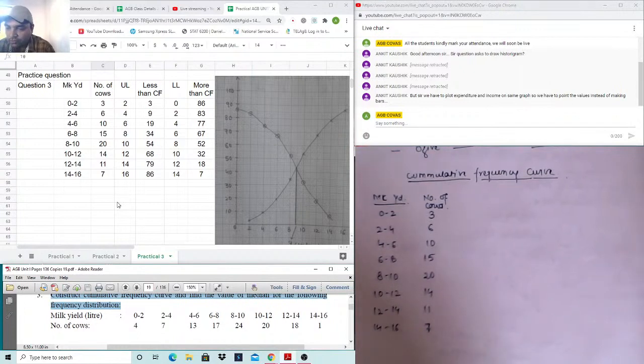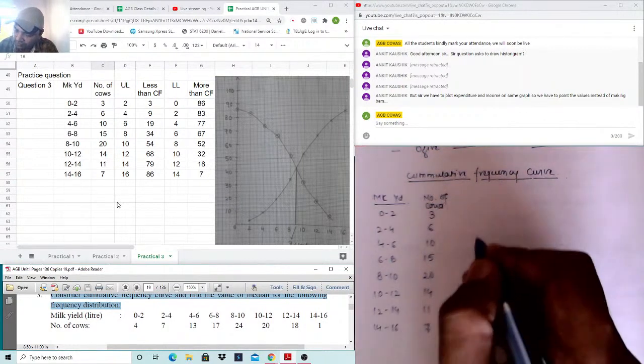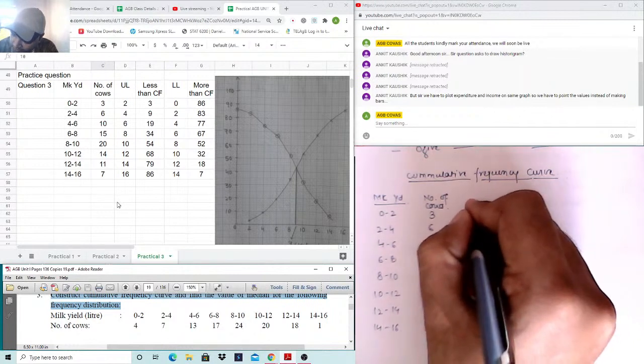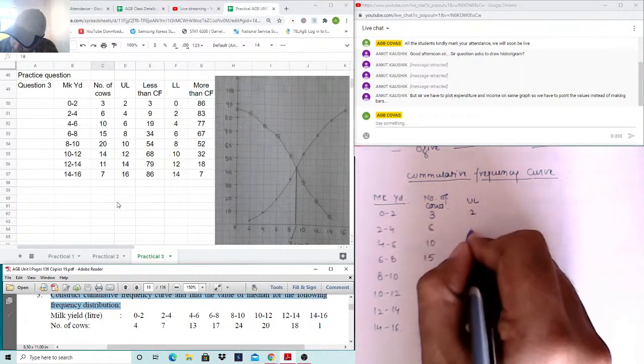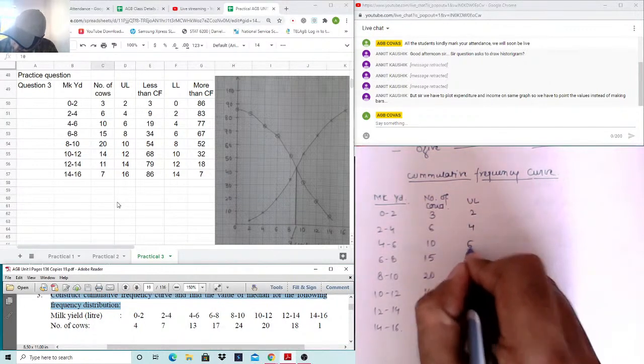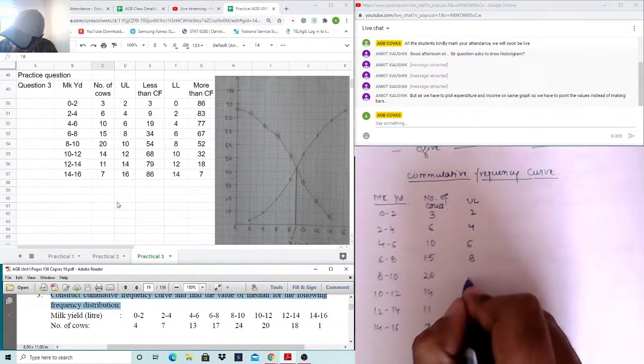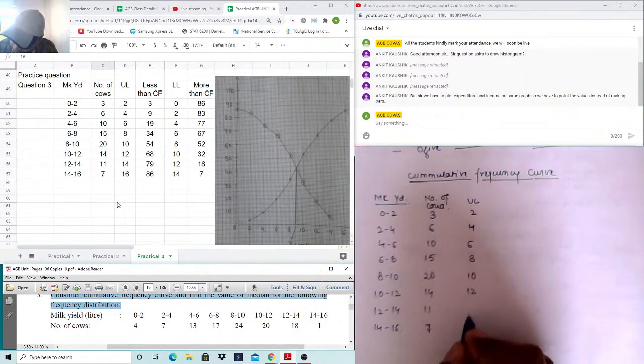Now we are going to make a cumulative frequency curve. How to do that? First of all, we have to calculate the less than and more than cumulative frequencies. For calculating the less than cumulative frequency, we first find the upper limit of each class interval: 2, 4, 6, 8, 10, 12, 14, and 16.